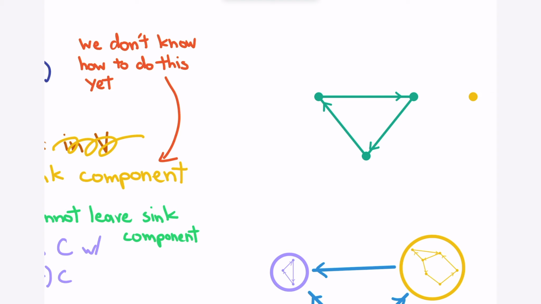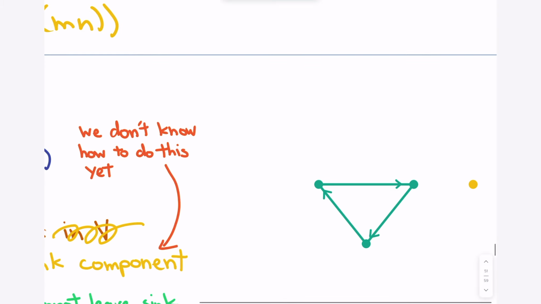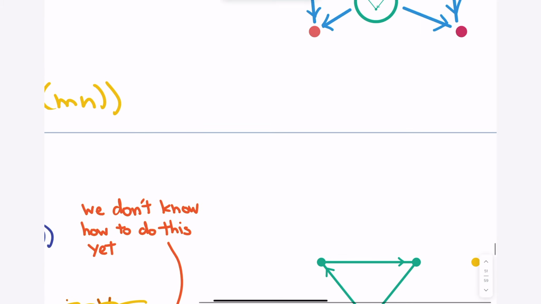Ah, okay. So what if there was no sinks? Yeah, so can you have a DAG with no sinks? I have some vertex here. Okay, it's not a sink. It must have some edge going out, right? And it can't be a cycle, so I can't go back and visit.